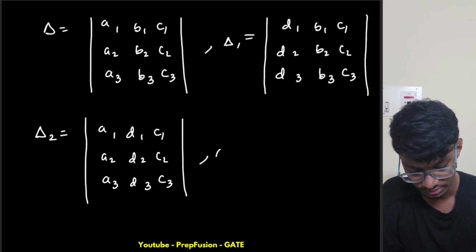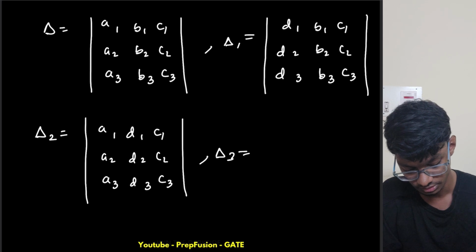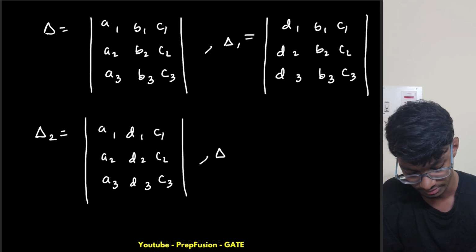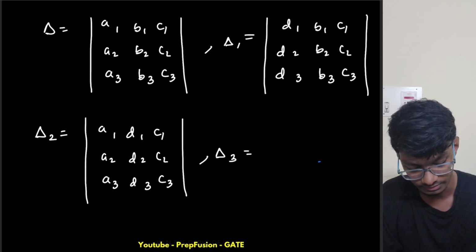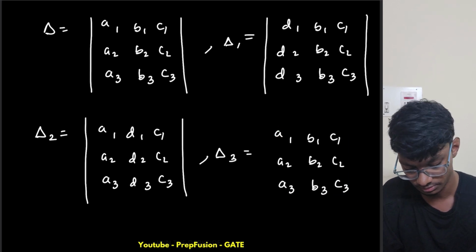And again for delta 3, I'm just revising this rule for you, Cramer's rule. Again we will do the same thing, but this time with the third column.